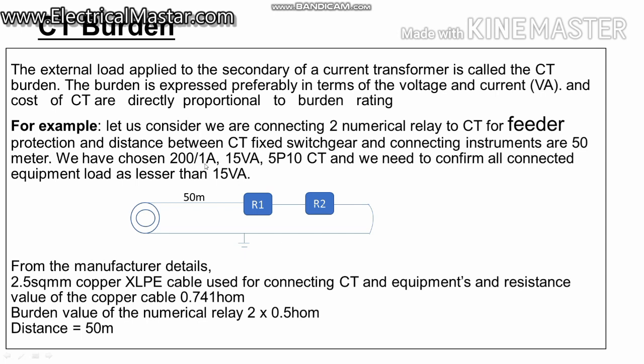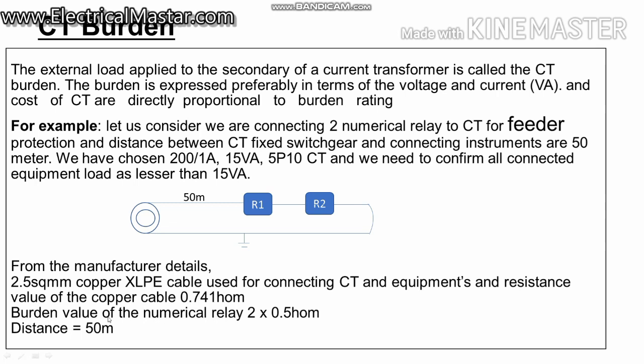CT rating is 200 by 1 ampere, CT burden is 15 volt ampere, CT accuracy class is 5P10, and the distance between the CT and relay is 50 meters. From the manufacturer, they are using 2.5 square mm XLPE cable, and the resistance of this cable is 0.741 ohm.